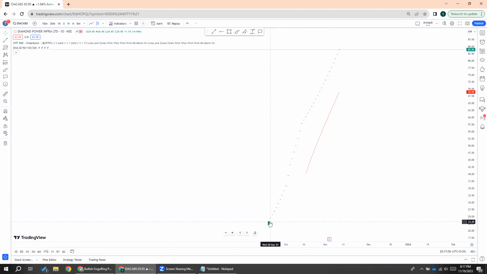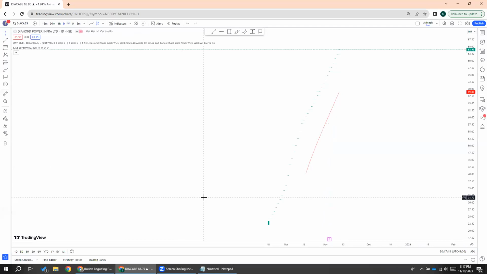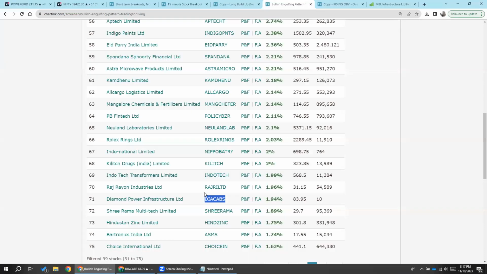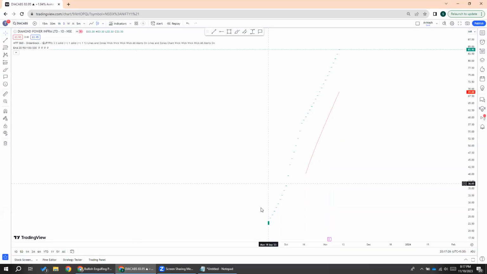Diamond Power Infra. Yes, not sure why such a huge momentum. I don't want to participate in this, but someone who has enough money and wants to take risk can, because it went up 5 times in 2 months.